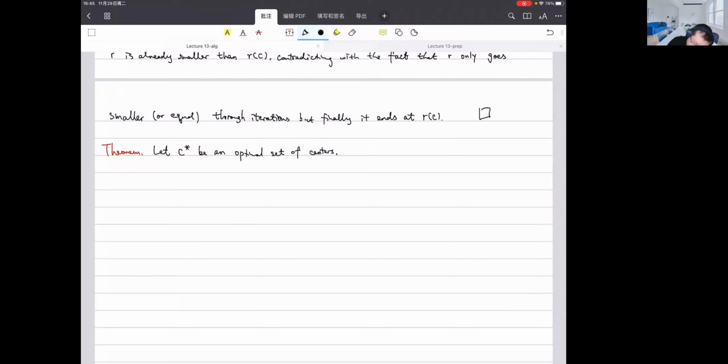Then we are going to prove that RC is smaller than or equal to 2 times RC star, where C is the output by our greedy algorithm.